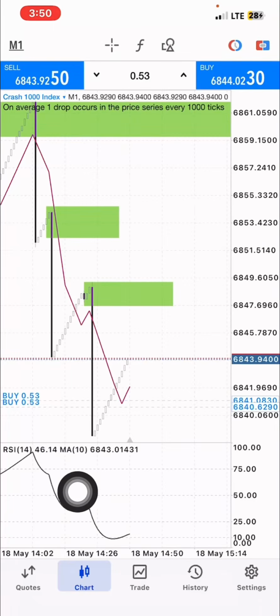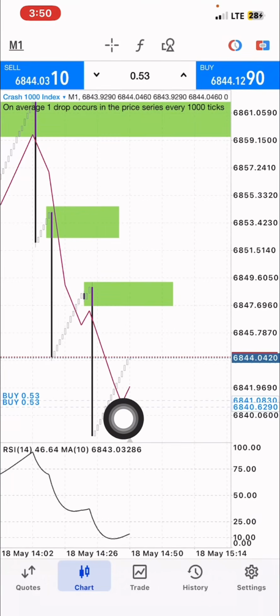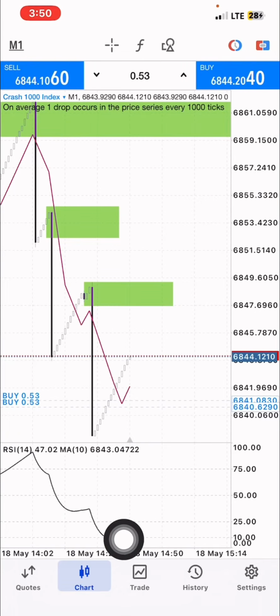So from the indicators, your RSI indicator has to come to level 10 and level 0. And from the moving average that's in your chart, price has to cross this moving average. We bought earlier, but after price has gotten to level 10 and level 0, price also has to cross this moving average in your chart.